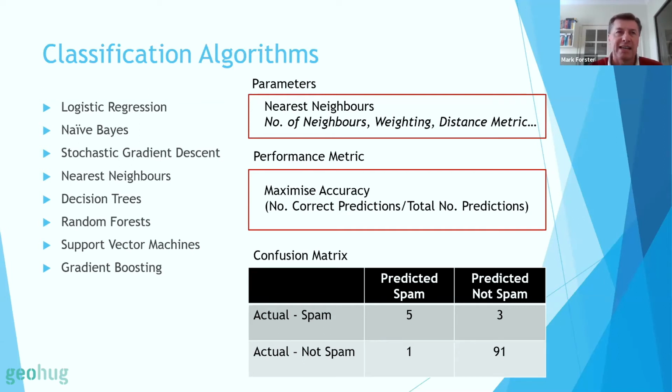In some fields, for example medicine, if you're trying to predict whether a patient has cancer or not, you've got to be very careful about your incorrect predictions, because it's life-threatening. You've got to be careful about people who have cancer and you predict that they don't, because then you're not treating them. And likewise, people that have it but you don't detect it. So you've got to look at those metrics as well to work out how well your algorithm's working.